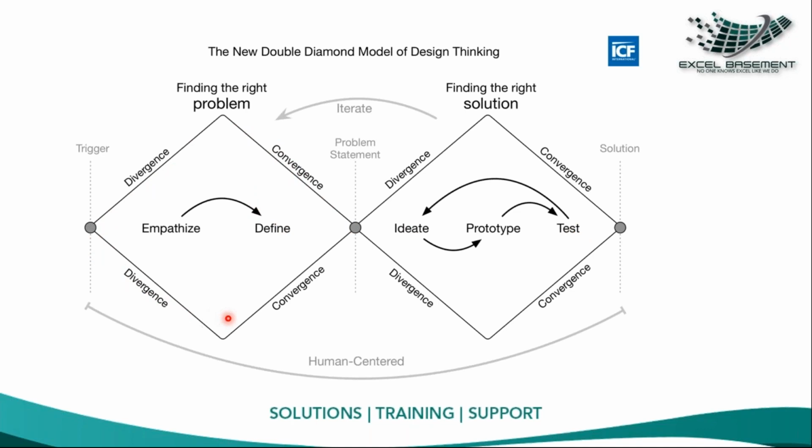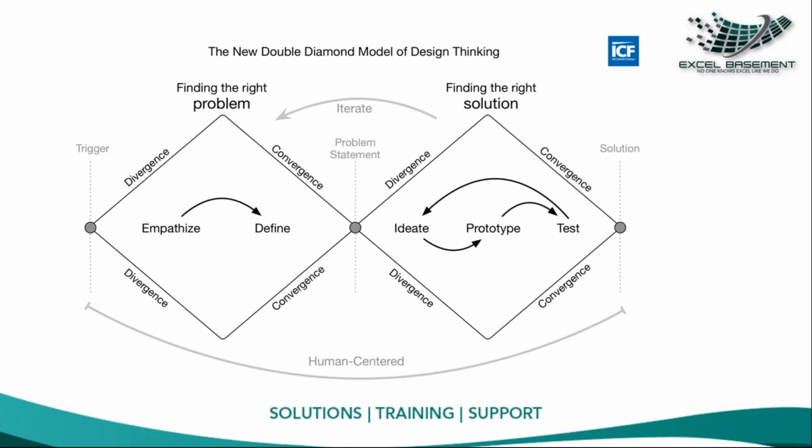We will be seeing the possibilities. Once we have triggered the problem, we would like to empathize and define again and again with the possibilities, because we are finding the right problem. Once we find the wrong problem, it would address the wrong solution. So it is very important to find the right problem iteratively, through the diverge and converge concept.